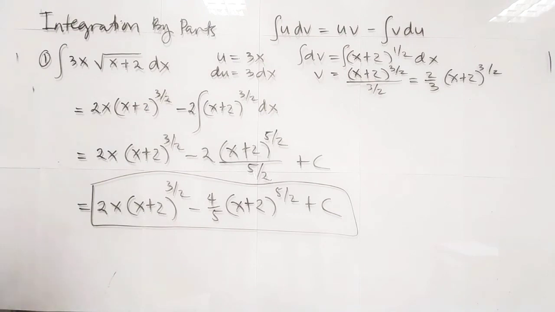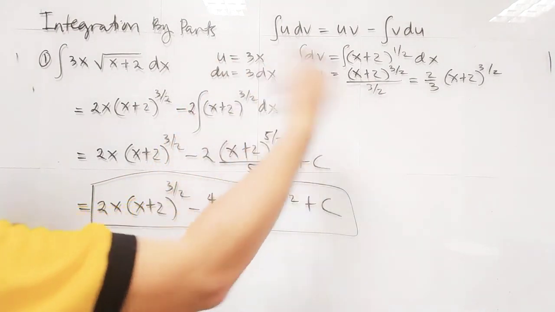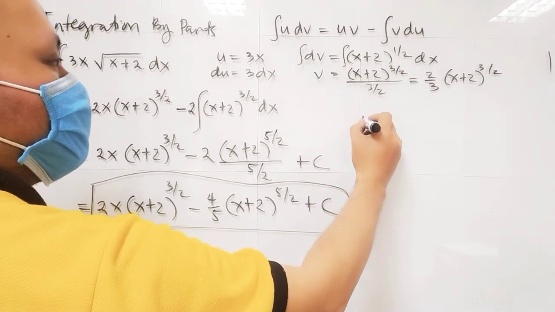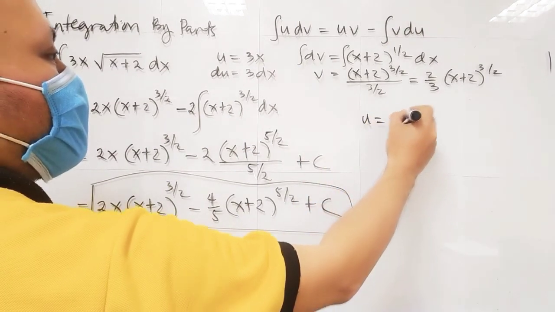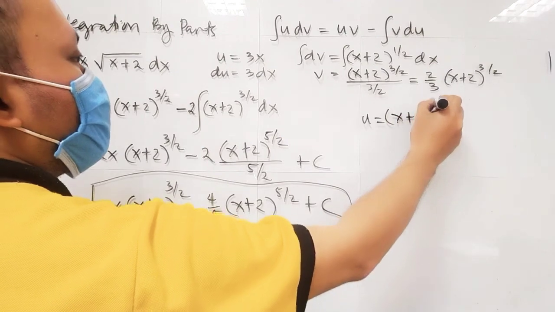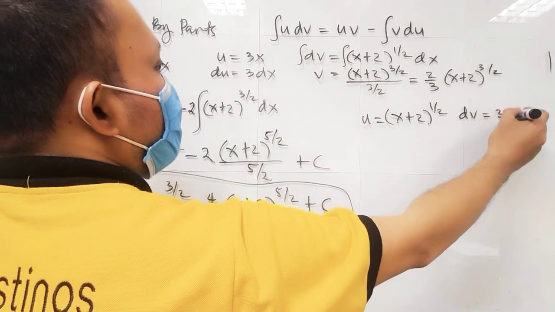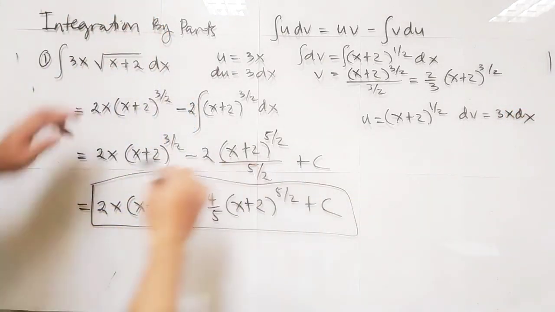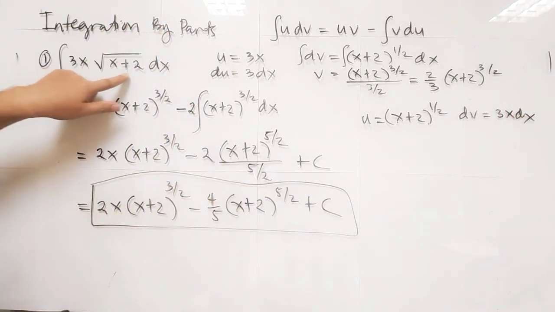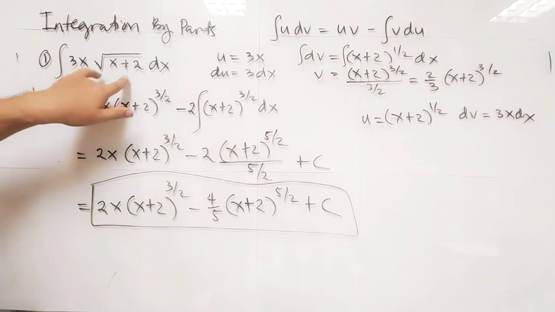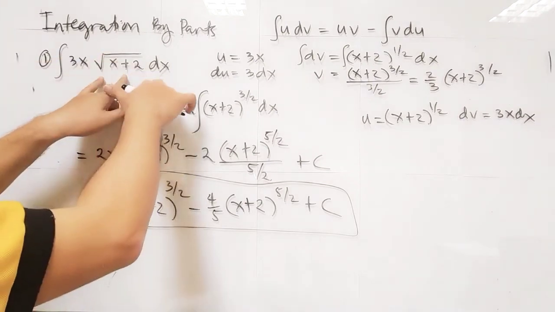Now what if you interchange the values of u and dv? For example, our u equals x plus 2 raised to 1/2, and our dv is equivalent to 3x dx. Suppose our u is the square root of x plus 2, and our dv is 3x dx.